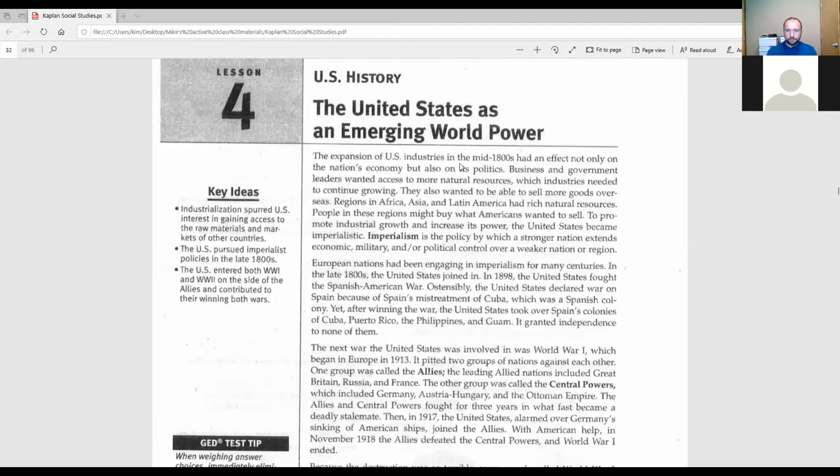And so the big shift, and we just talked about this right at the end of that section, is that after the Civil War, the United States undergoes a massive industrial boom. And we go from being a relatively small, relatively private country, in other words, we kind of just kept to ourselves, and a relatively agricultural-based country, meaning most of our economy was based on growing stuff.